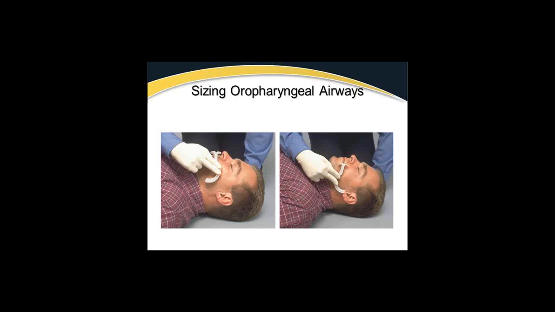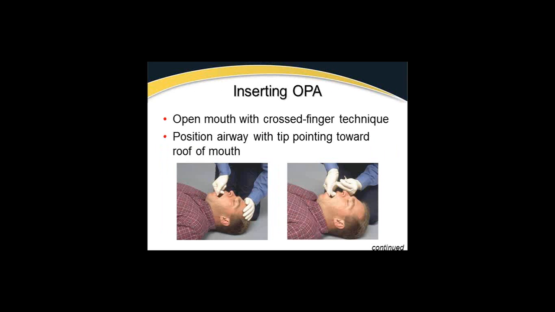This is showing the correct sized oral airway for this gentleman, and they have obviously measured it there. When we're going to insert the oropharyngeal airway, you can either do the tongue jaw lift like I mentioned, where you grab the tongue and push it towards the floor of the mouth with your thumb and pick up on the jaw with your fingers.